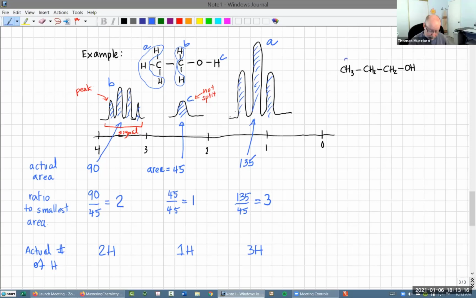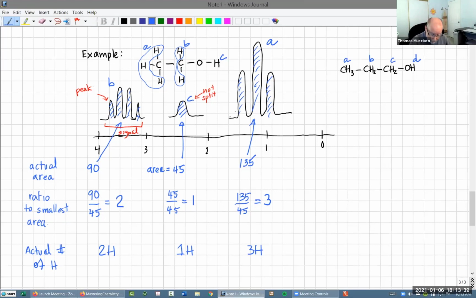That's correct. So we would have A, B, C, and D. And those will also have different signals on the NMR. They'll come at different locations because their electron densities will be different. And they'll be split differently.